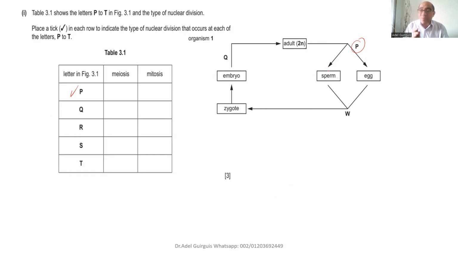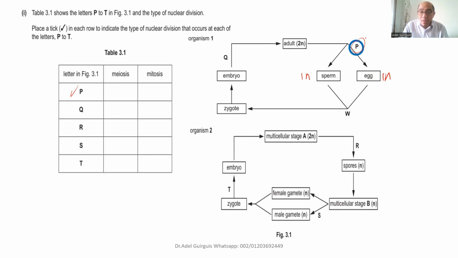As you know, egg and sperm are gametes. These gametes in this individual are haploid, so 1N. So process B is what? Process B is meiosis, to form gametes. What about Q? Where is Q?